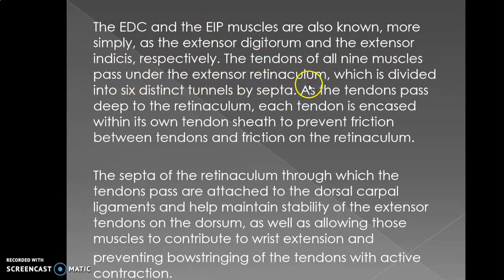So the tendons of all 9 muscles pass under the extensor retinaculum. In the same way as we talked about the flexor retinaculum, here also we need an extensor retinaculum. Otherwise, what will happen? Bowstringing will happen. The retinaculum is divided into 6 tunnels by septa, so that other tendons do not interfere in the action of a particular tendon.